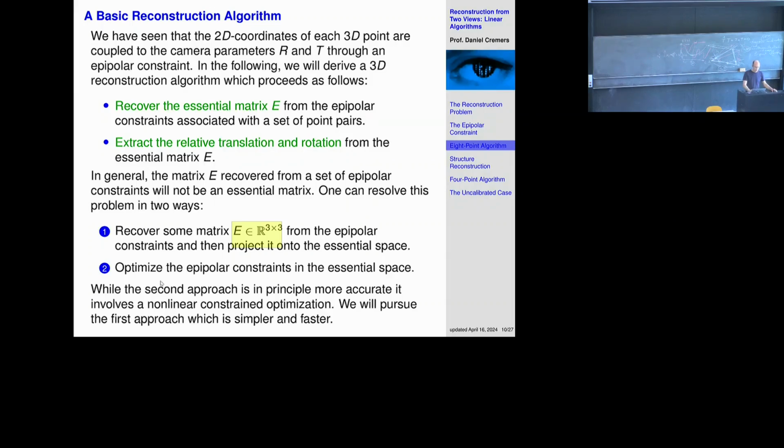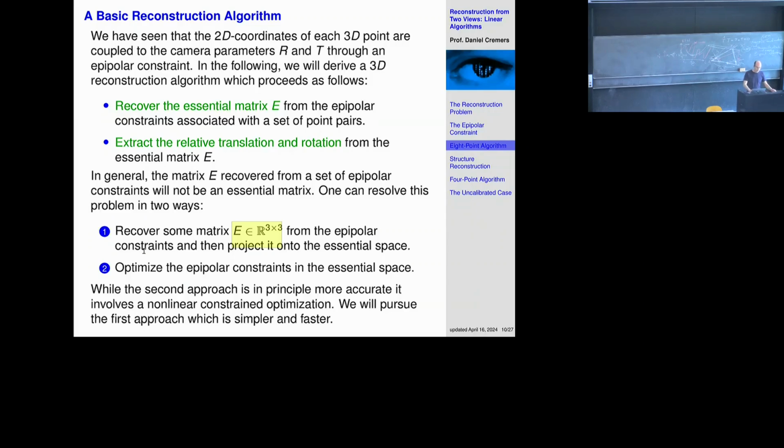The second approach, where you optimize everything under the constraint that E must be an essential matrix, is in principle mathematically more accurate, but it's much harder to compute, because this constraint is a nasty constraint, much like the rotation matrix assumption. Constraining R to be a rotation matrix, as you know, is difficult, and constraining E to be an essential matrix is not easy either.